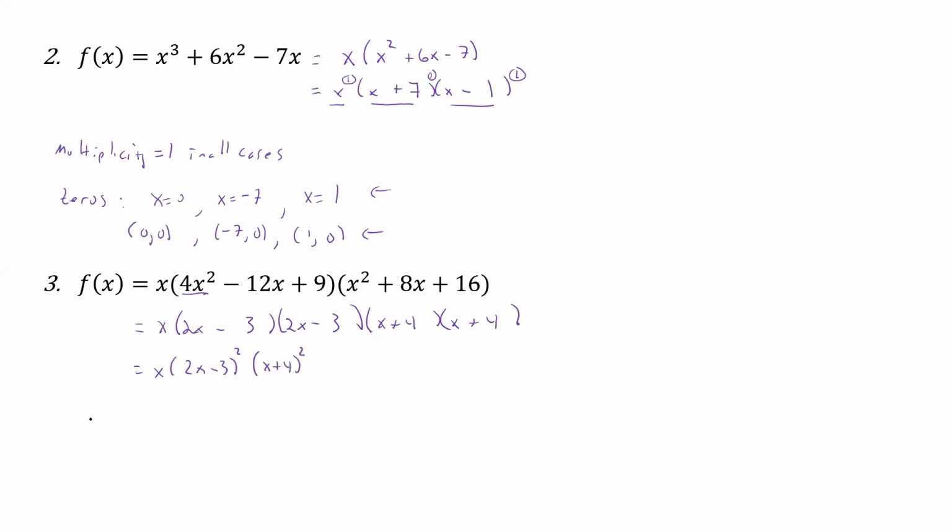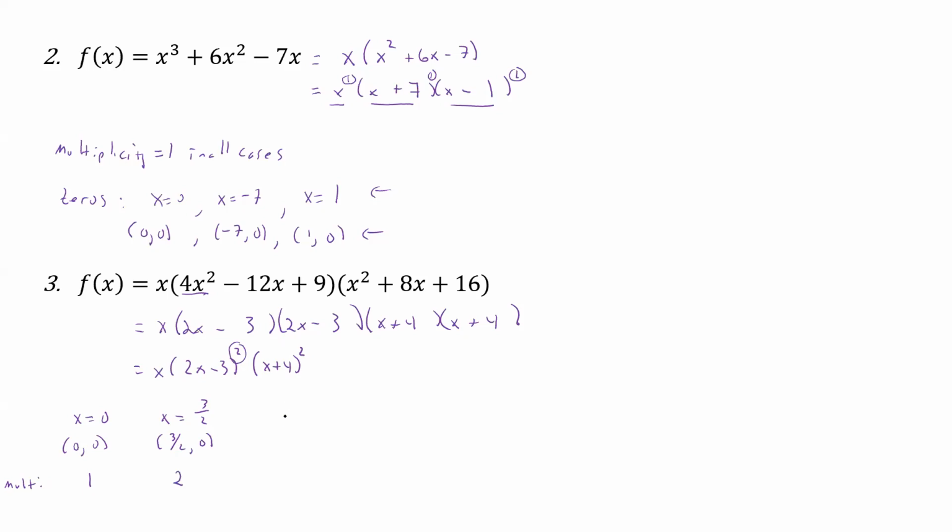So now we have x equals 0, or if we want, the point 0, 0, that has multiplicity equal to 1. We can set this middle one equal to 0, and so we get x equals 3 halves. So that's going to be 3 halves, 0, but its multiplicity is 2.